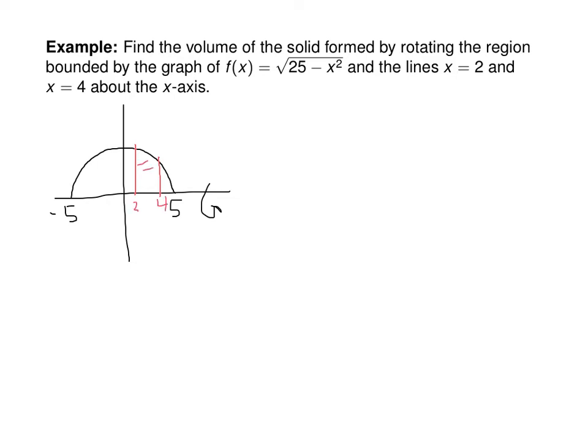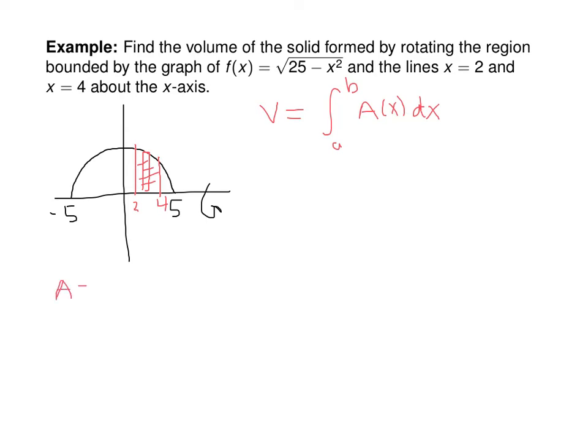So I will take this region and I'm going to spin it about the x-axis. So the volume of a region is equal to the integral from a to b, A of x dx, where A of x is the area of your cross-section. Because I have a solid of revolution, my cross-section is going to be a circle.